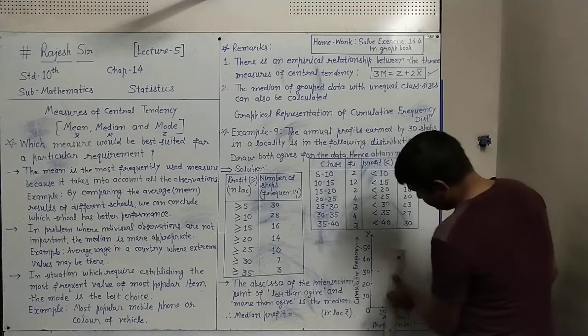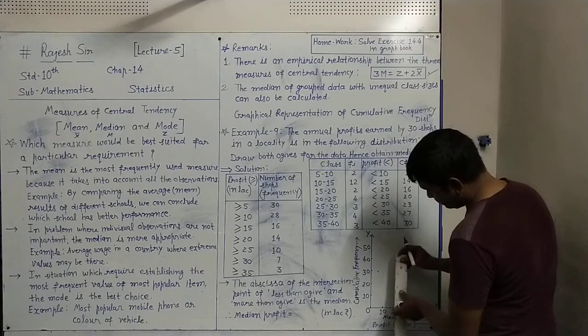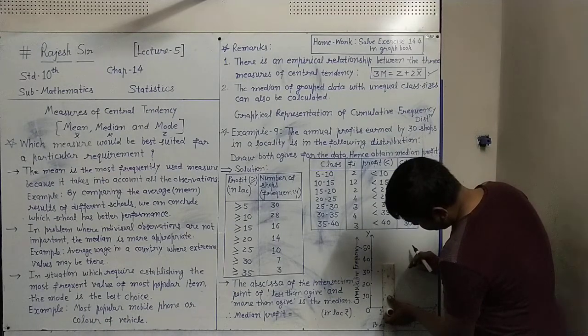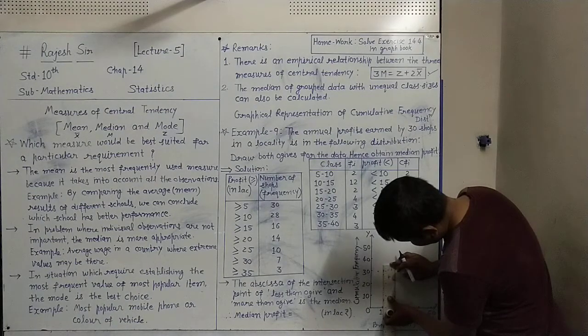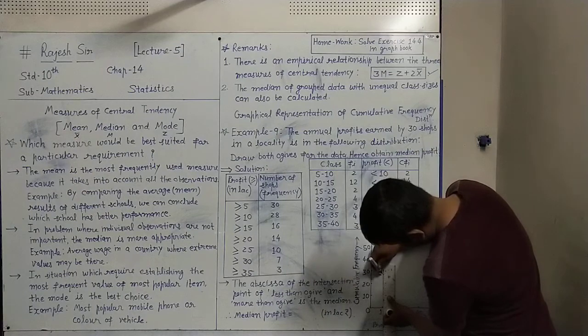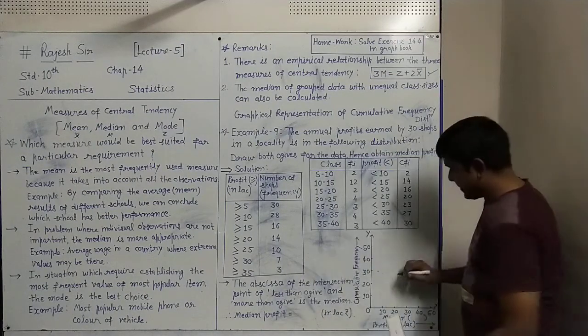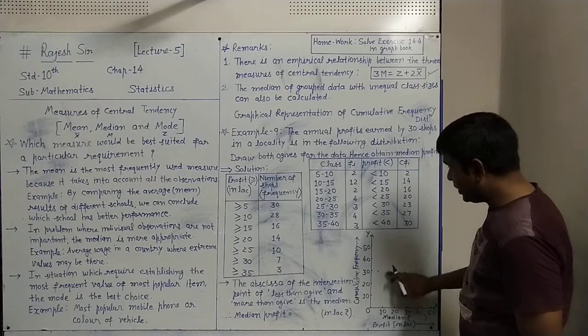And here I am taking the help of this scale. This is 28, 10, 20. This was 5, 30, 10, 28.